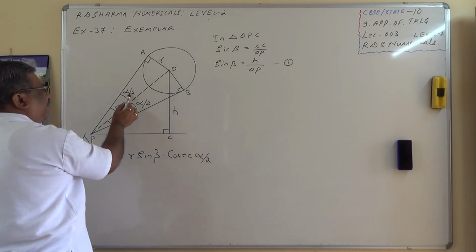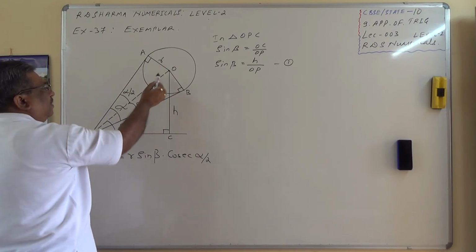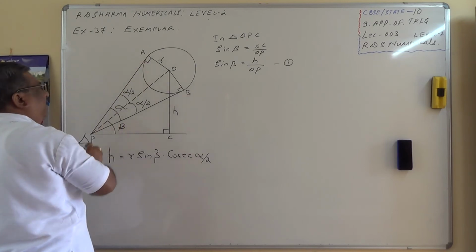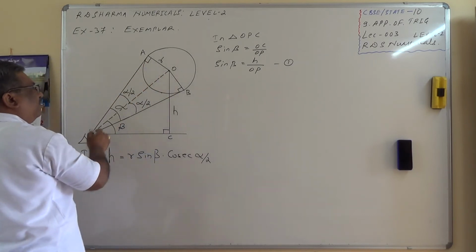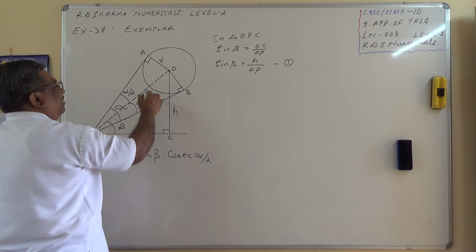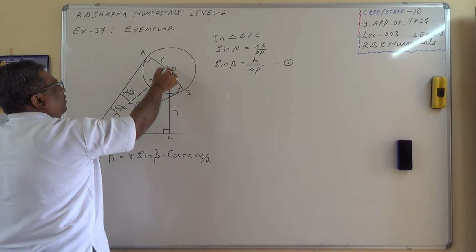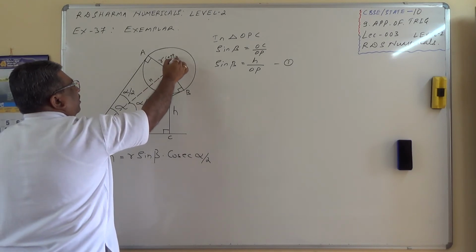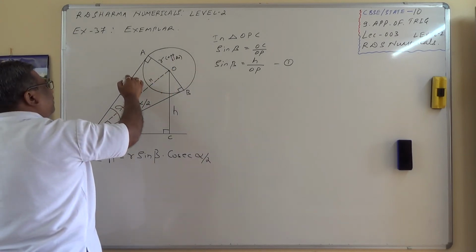With respect to alpha by 2, OA is the opposite side, OP is the hypotenuse, AP is the adjacent side. So in triangle OAP, I am writing this is hypotenuse OP, OA is the opposite side, and PA is the adjacent side.